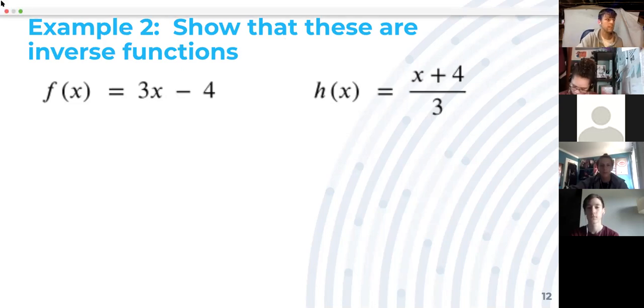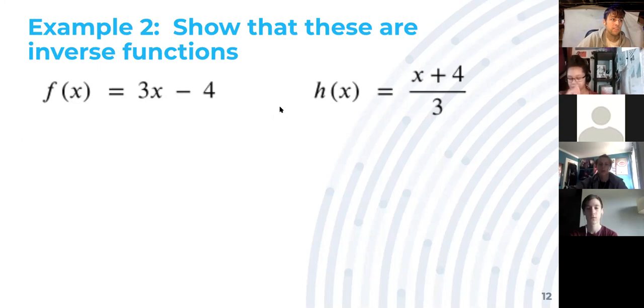Okay, so we're going to show that these are inverses of each other. So we want to show that the composition both ways is going to simplify to just be x. Hopefully that's true. So I'm going to do f of h of x. So I'm going to do f of that. X plus 4 over 3.